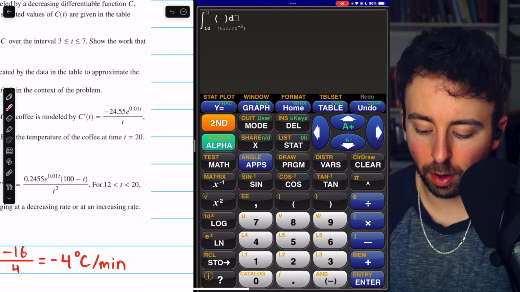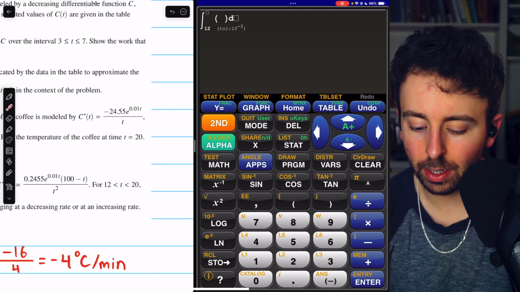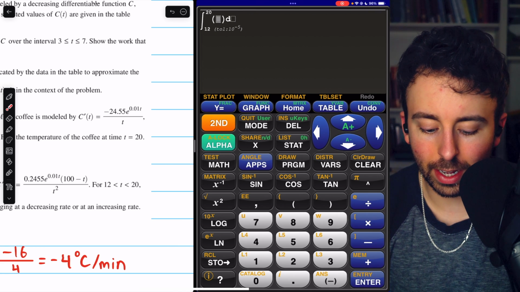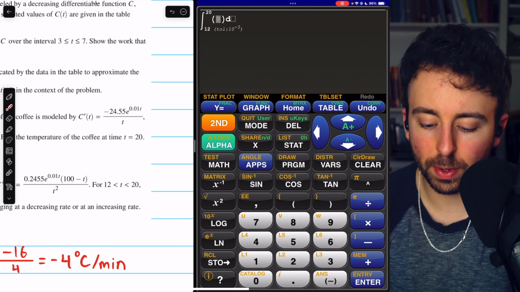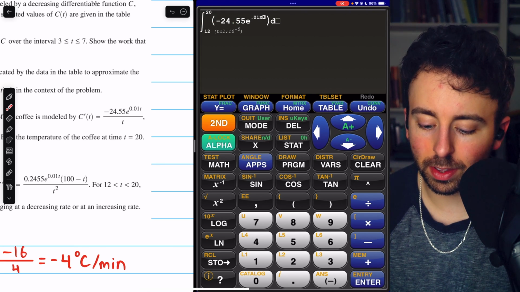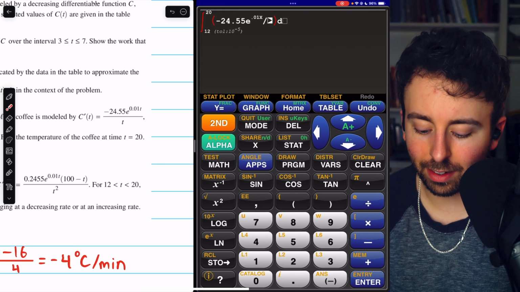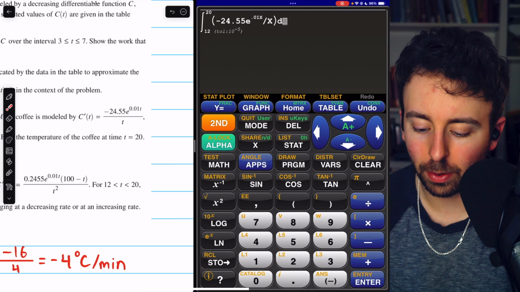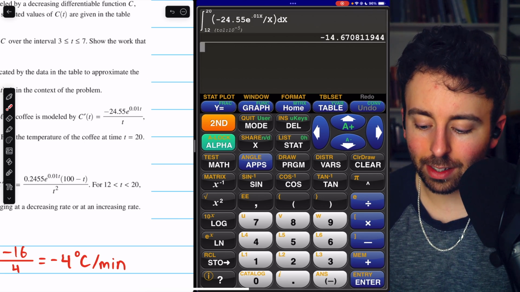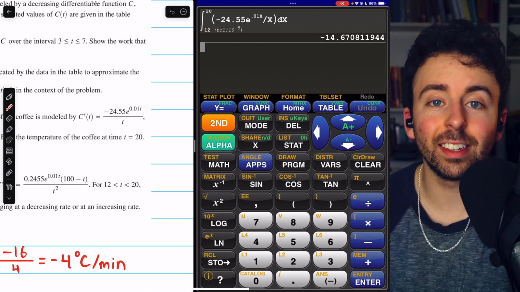We are integrating from t equals 12 to t equals 20. And the thing we're integrating is this derivative, so we'll just be careful and type that derivative in. And rather than using the variable t, we will use the variable x, since that's most convenient on the calculator. So we're integrating this with respect to x, and we get negative 14.671.